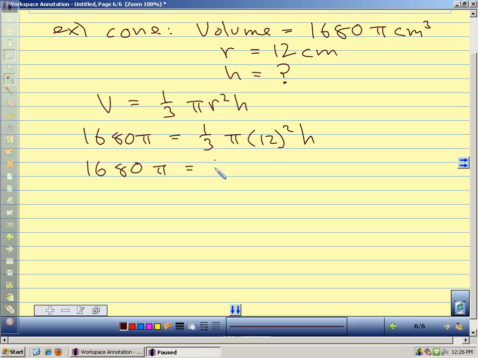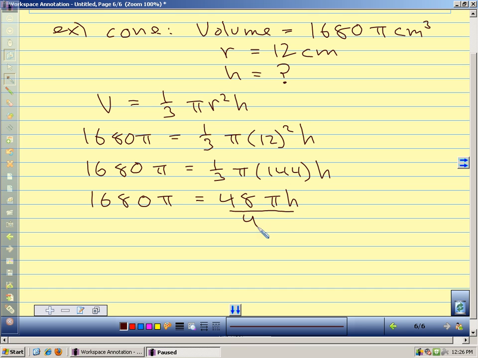1,680 pi equals 1/3 pi times 144 times the height. 144 divided by 3 is 48. So I get 1,680 pi equals 48 pi h. I just divide 144 by 3.